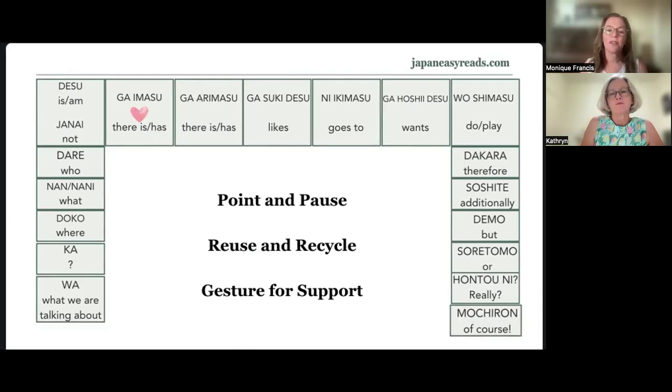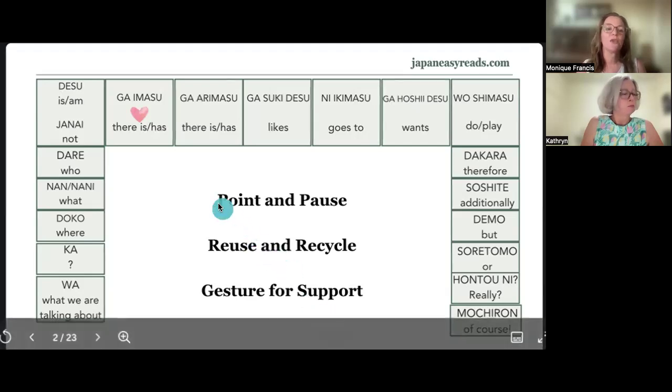So basically the things to note, I suppose, with a word wall such as this is pointing and pausing, which is one of the comprehensible input techniques. So making sure that you point and pause as you're asking these questions and trying to elicit some response.